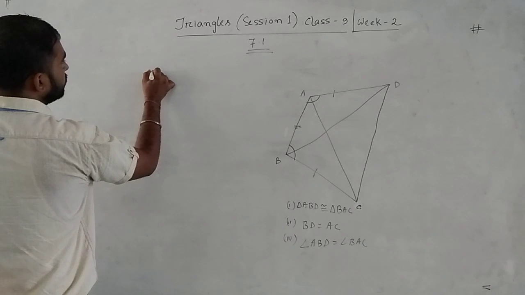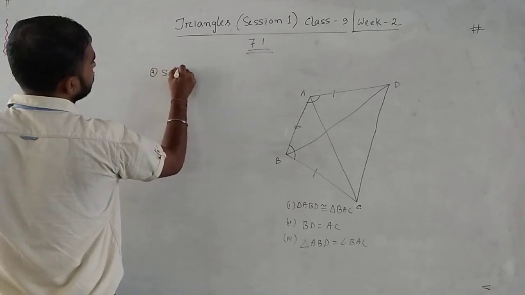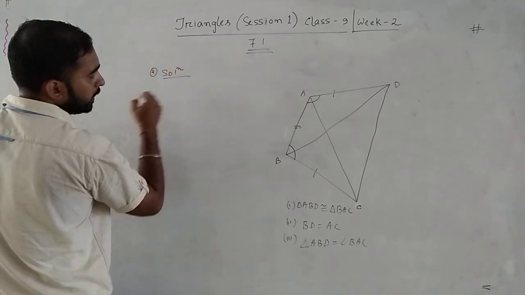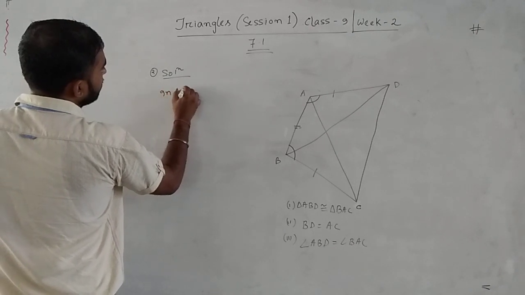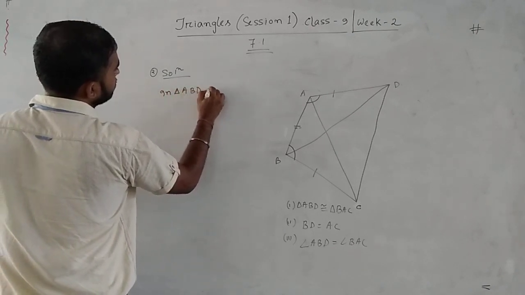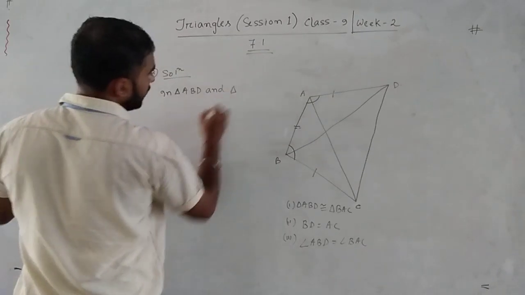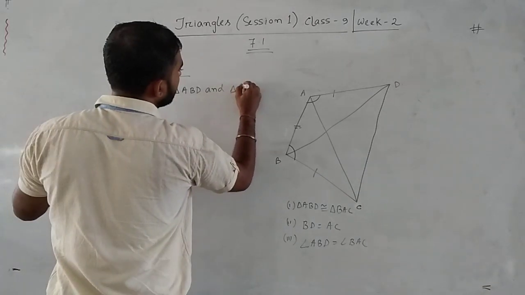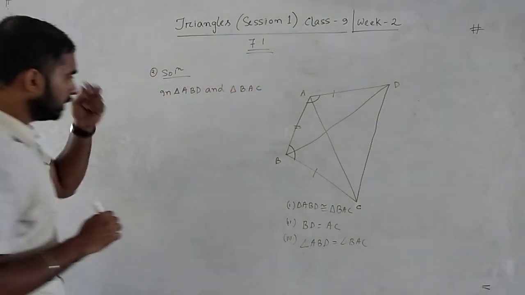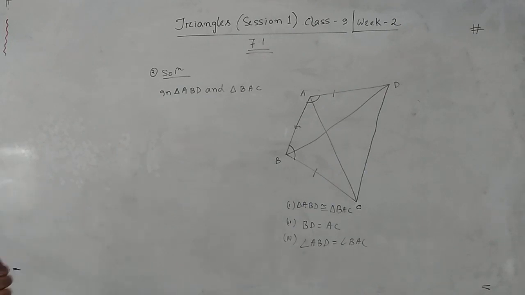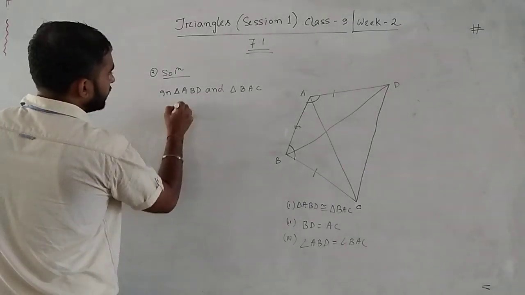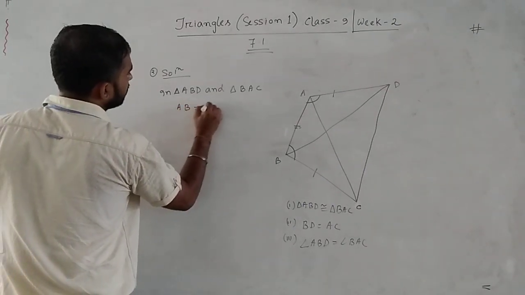So number 2 solution, in triangle ABD and triangle BAC, AB equal to AB common.